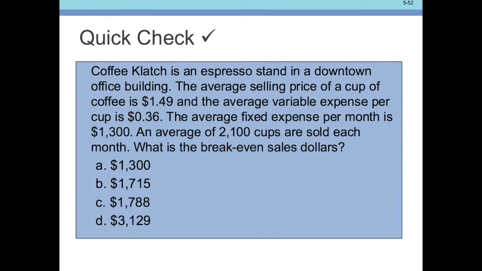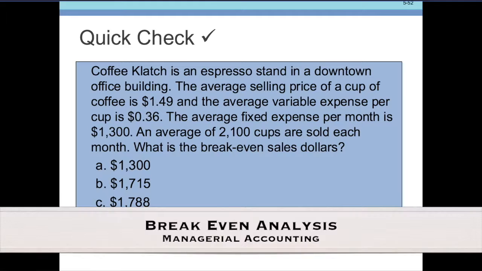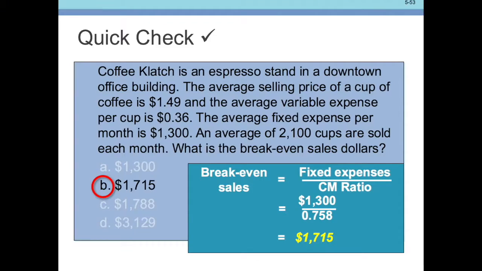And we look at our Coffee Klatch quick check. Coffee Klatch is the espresso stand down the street: $1.49 price, 36 cents variable cost, fixed expenses $1,300. In this case, it has an average of 2,100 cups sold each month. What is the break-even point in dollars? This is an interesting question for what we just covered. All we have to do is take the fixed expenses divided by the contribution margin ratio.